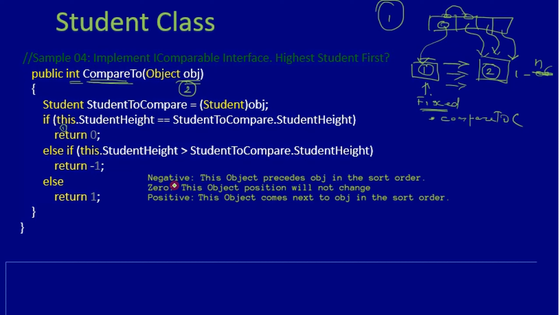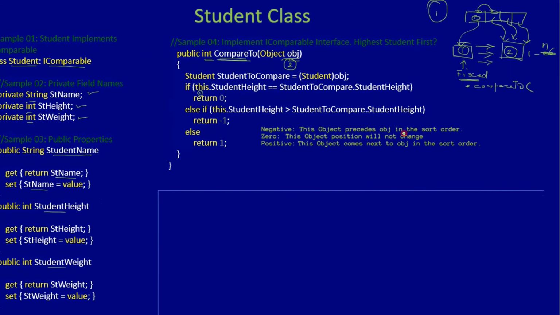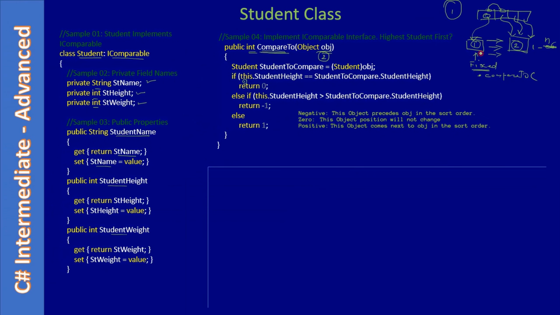But negative, when we are returning negative, this object precedes obj in the sort order. So each time, let's say this is the obj, and this will get passed as a parameter each time.